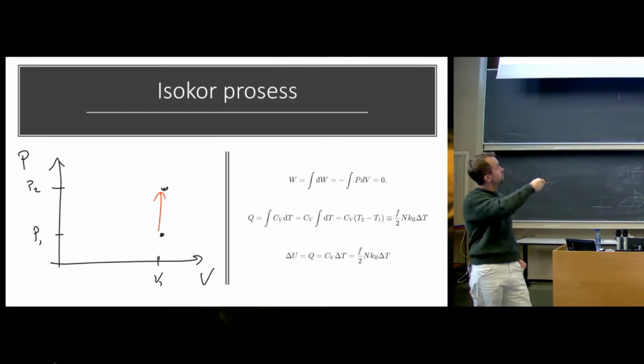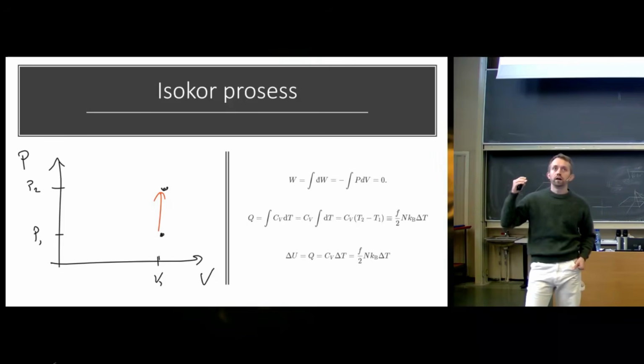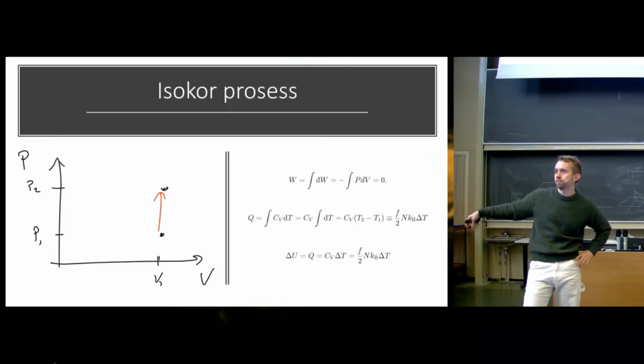So it goes outside the integral, and then all that's left is the integral of dT, which is just the distance between the endpoints. And then this gives me this equation here once I insert the formula for the heat capacity of an ideal gas, or a gas fulfilling the equipartition theorem.